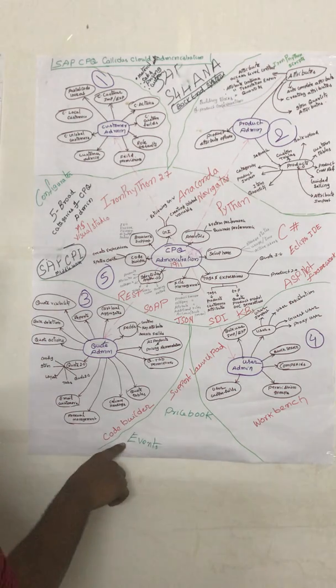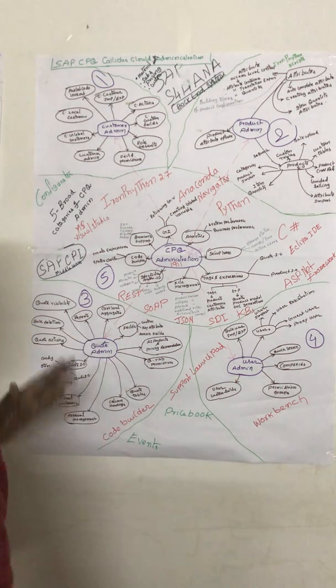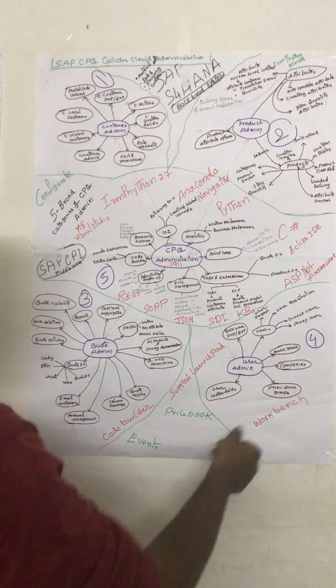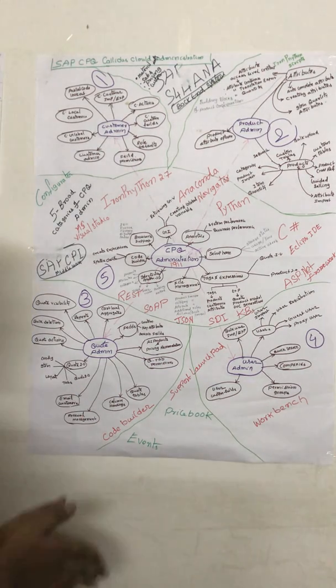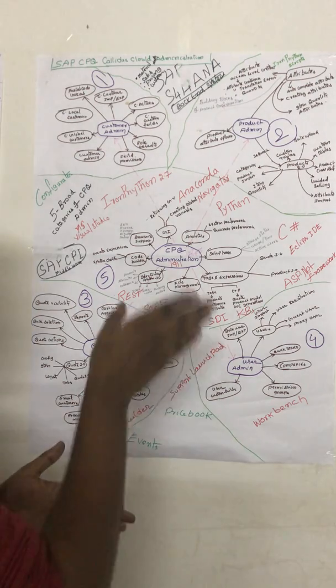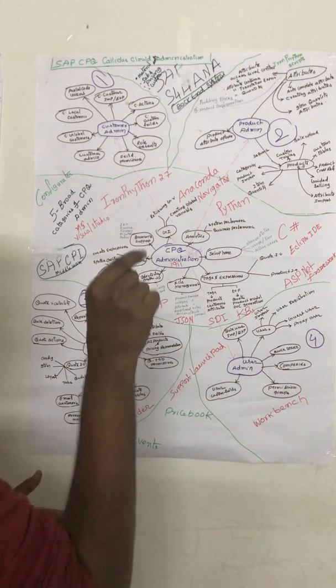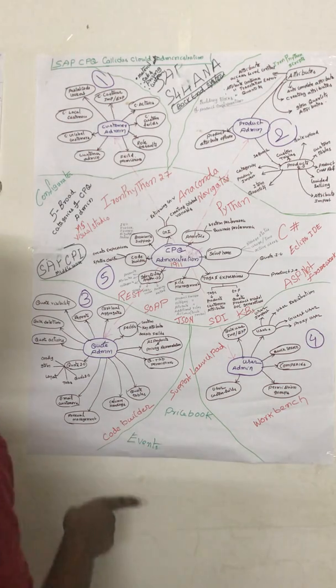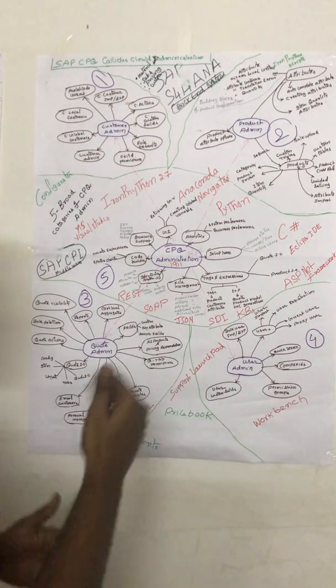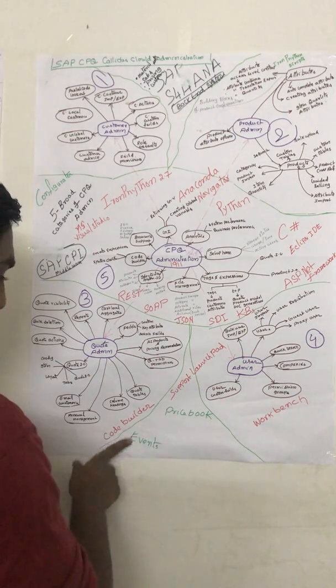And next, events. There will be some number of scripts. You write scripts in scripts workbench. These scripts will be organized in an order and executed one by one, and this is called events. As it is organizing one by one, it is an event.